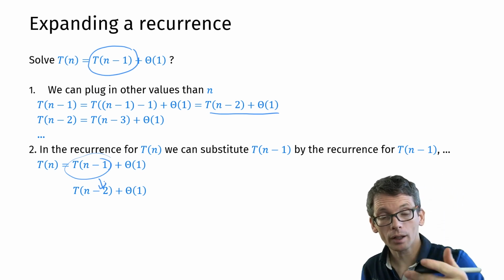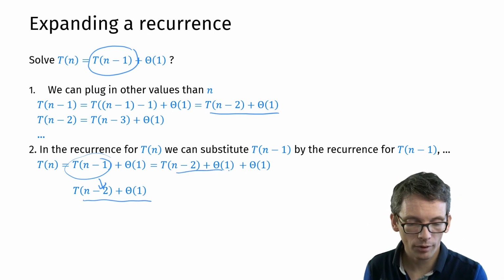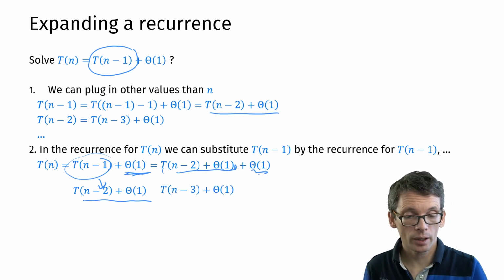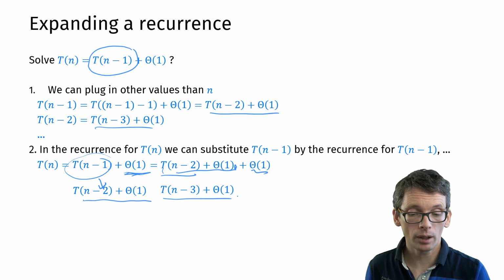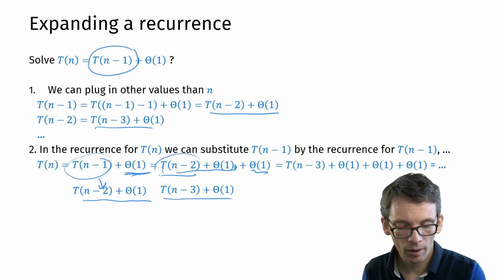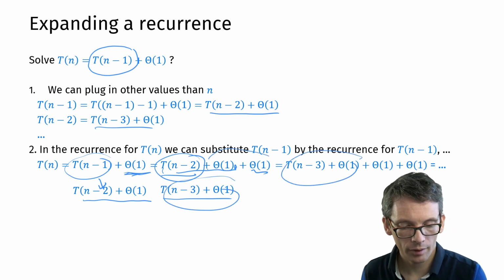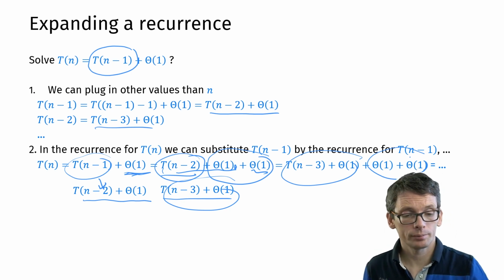So we plug that in. It gives us T of n minus 2 plus theta of 1, that's this part, plus this theta of 1 here. We can play the same trick again. T of n minus 2 is T of n minus 3 plus theta of 1. Plugging that in, we replace this part by that, and then those two remain, which give me this. And so on.